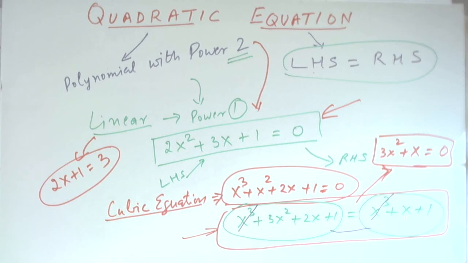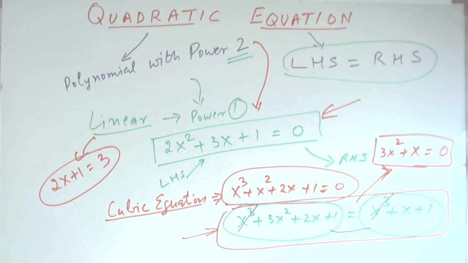Before we check whether this is a quadratic equation or not, we need to make sure that there is no trick in it, and it should not happen that on the face of it, it looks like a cubic equation, but actually when we simplify it is not. In fact the best way is to put it in this format.